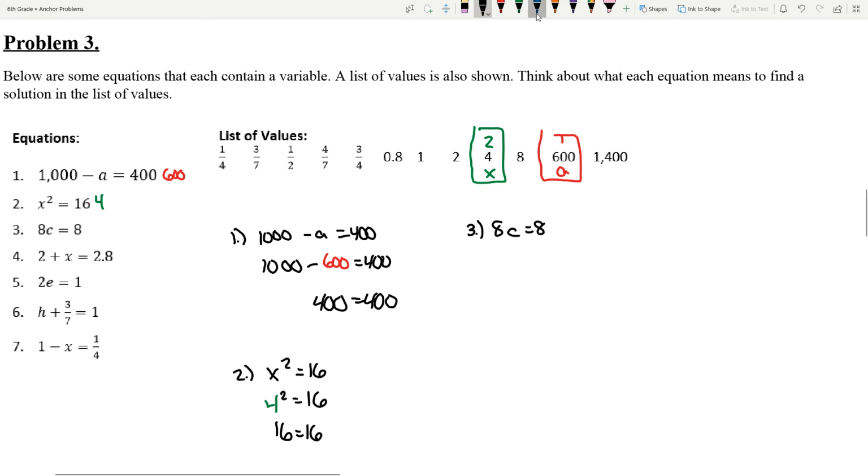Well, the only way for that to be true is if that number is 1, because 8 times 1 is the only thing that's going to equal 8. So yes, 8 equals 8, so 1 is my solution here for question 3 and the variable of c.